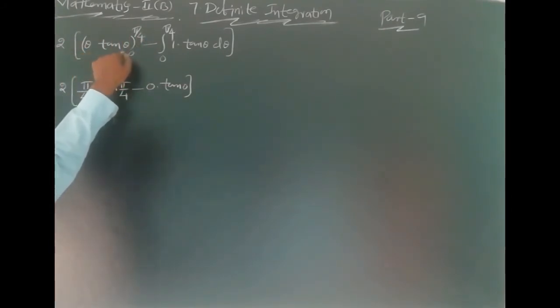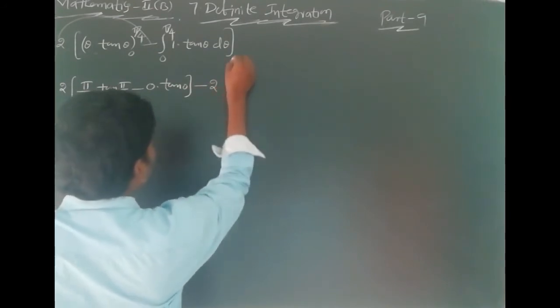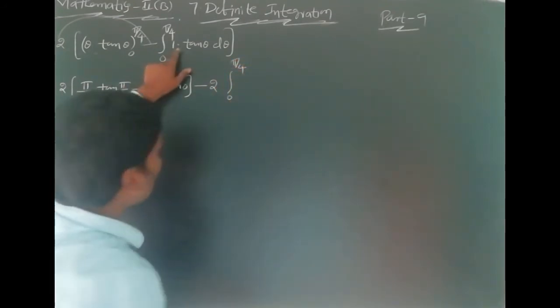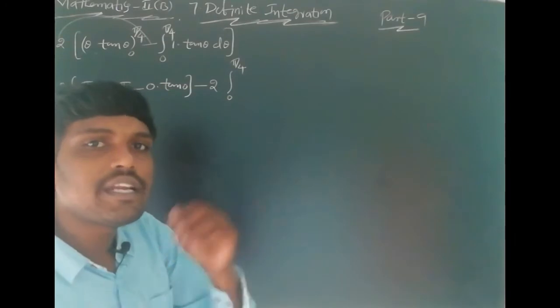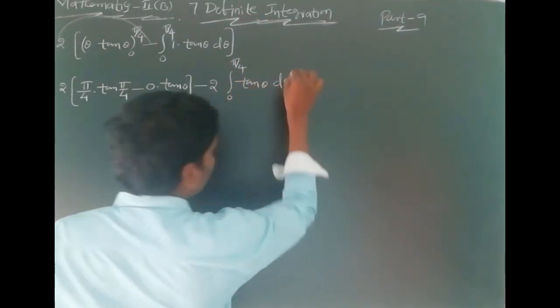Understood? 2 into first we can write upper limit theta value is pi by 4 into tan pi by 4 minus theta value is 0 into tan 0. After that 2 into minus 1 nothing but minus 2 integral 0 to pi by 4 1 into tan theta, nothing but tan theta into d theta.